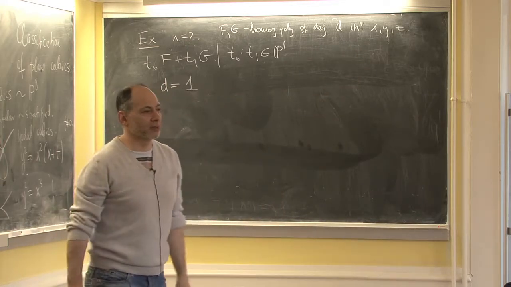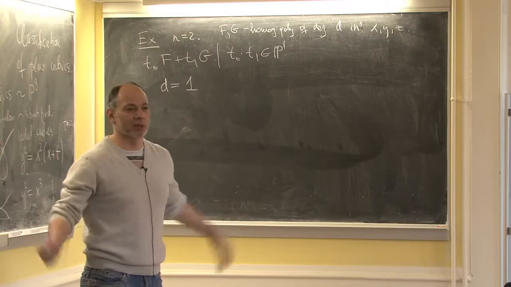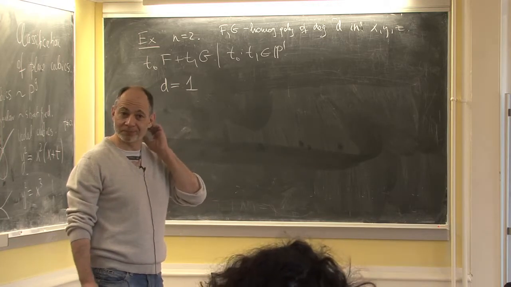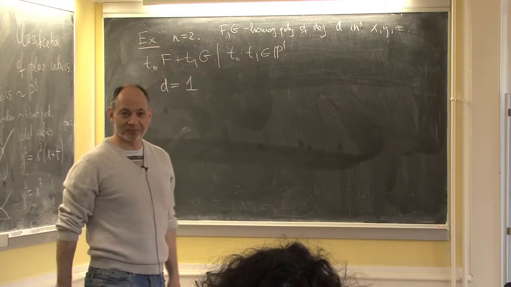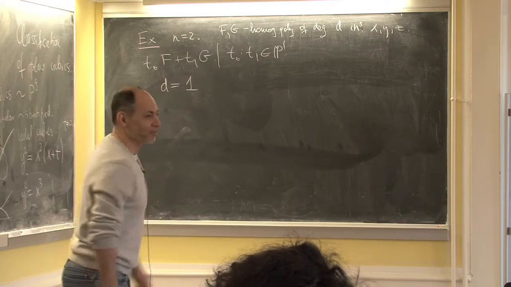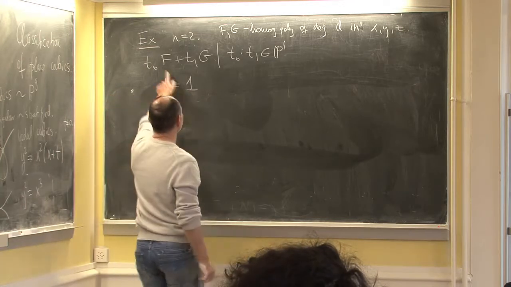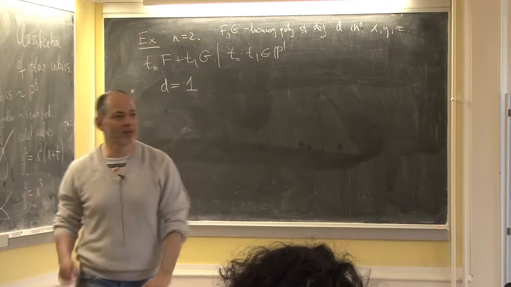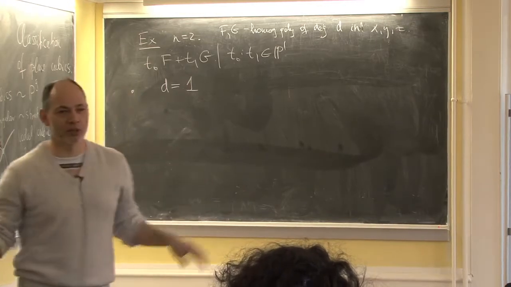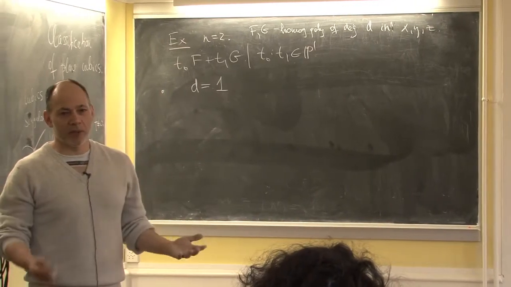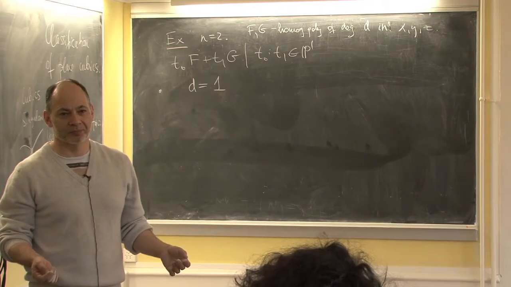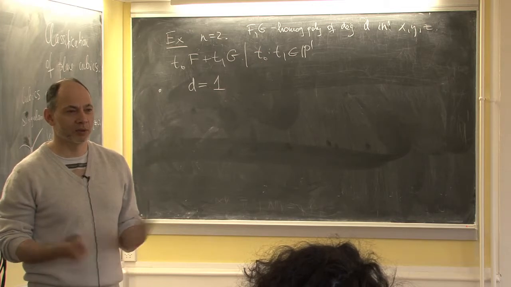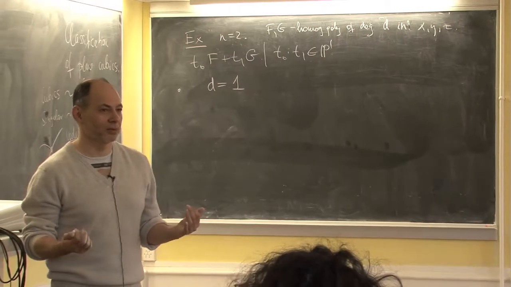So how many singular fibers will you have if you take all linear combinations of these? So you take 2 linear polynomials, like 2x plus 3y plus 7z, and another one, you take all linear combinations. What happens if you take a linear combination?